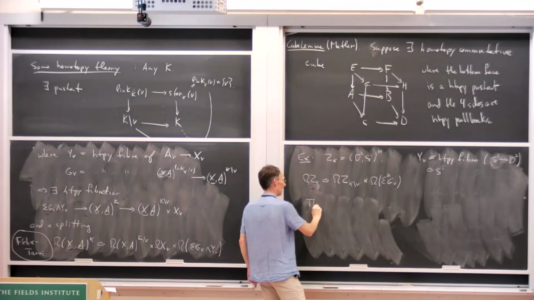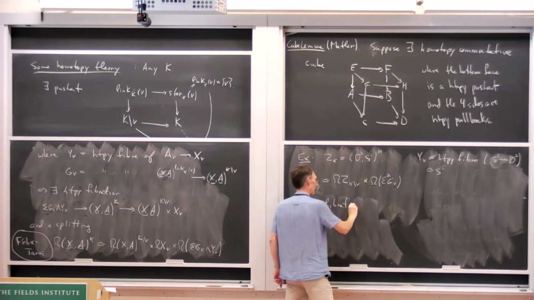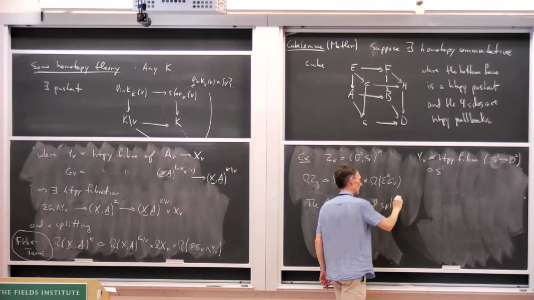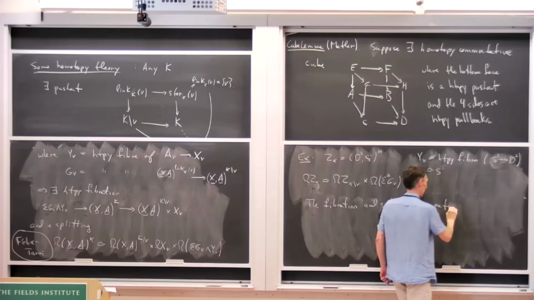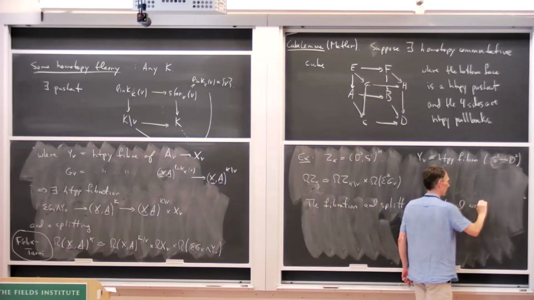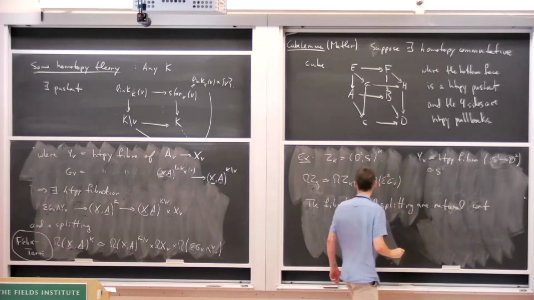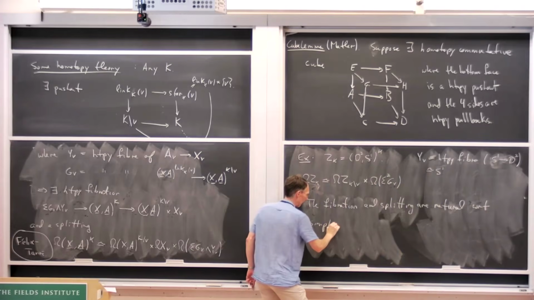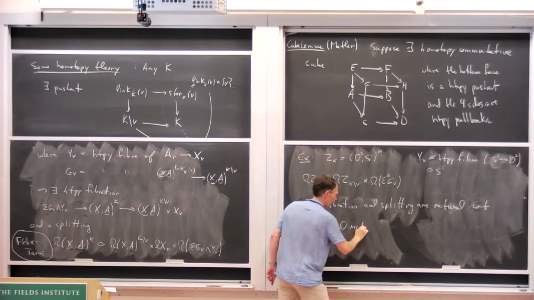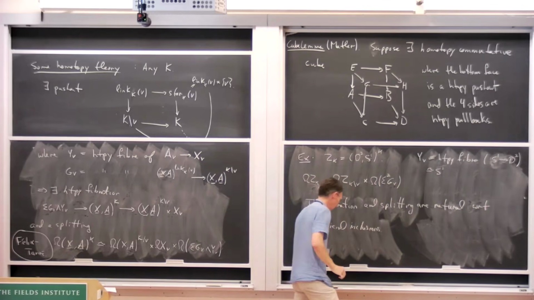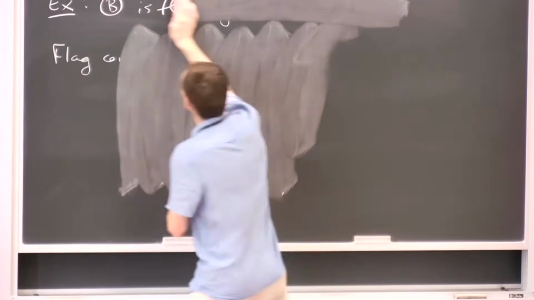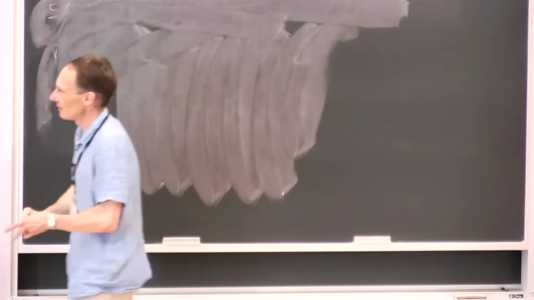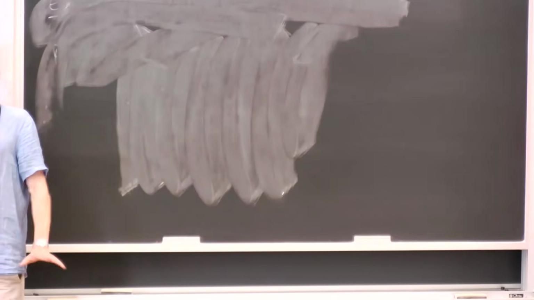So the fibration and splitting are natural with respect to simplicial inclusions. This is non-trivial, by the way. It just doesn't come for free. You have to work a bit to get that.